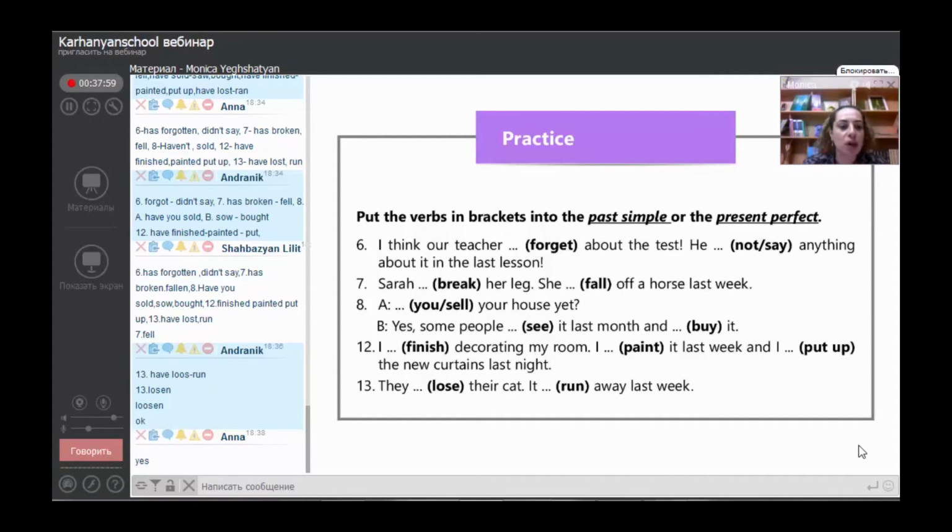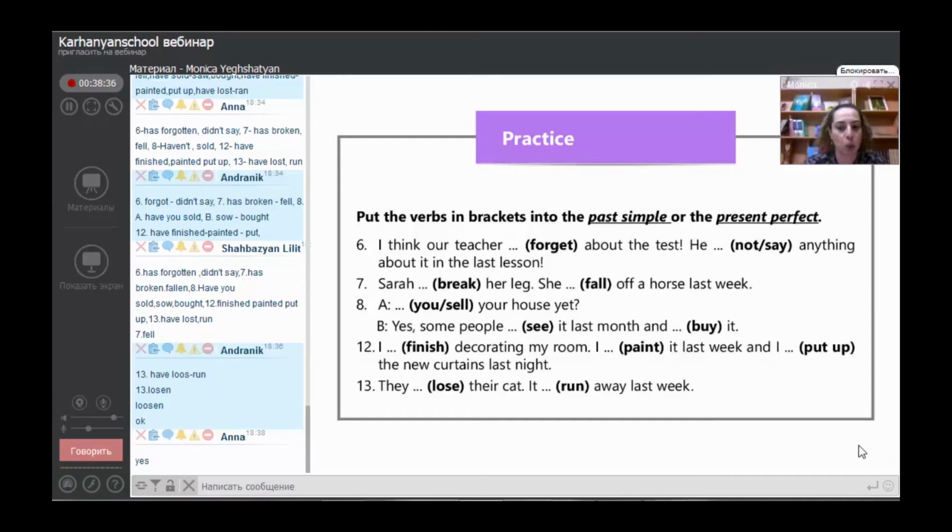Sarah has broken her leg. We don't know when. And in the second sentence, she fell off her horse last week. Not fallen, but fell. Sentence number 8. Have you sold your house yet? Yes, some people saw it last month and bought it. So the sentence number 12. I have finished decorating my room. Have finished.